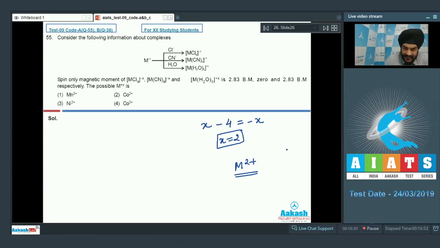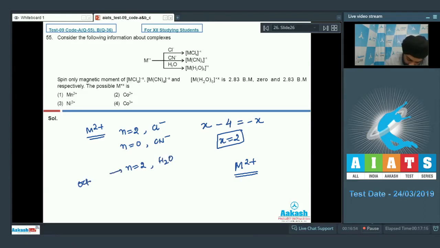Now it is given to us that M2+ forms a complex with Cl and CN, and it has 2 unpaired electrons when complexed with Cl minus, and it has 0 unpaired electrons when complexed with CN minus. It is also given to us that it has 2 unpaired electrons when it is complexed with H2O, and it is an octahedral complex.